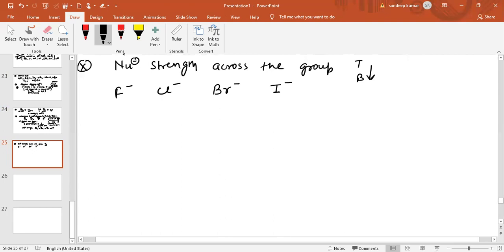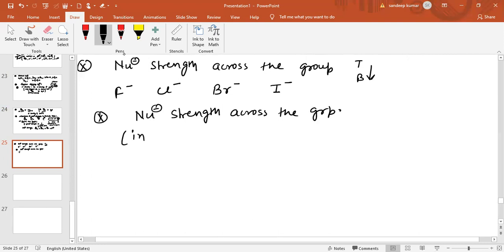So first we are going to discuss nucleophilic strength across the group in polar protic solvent.